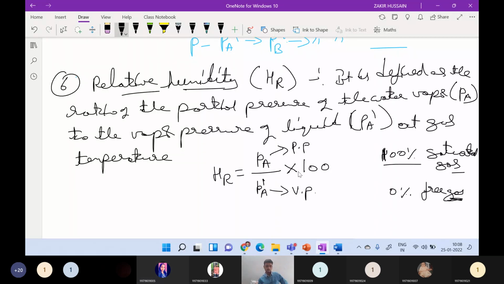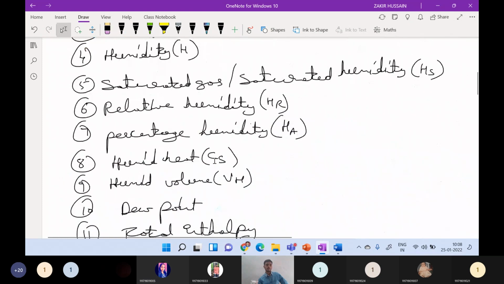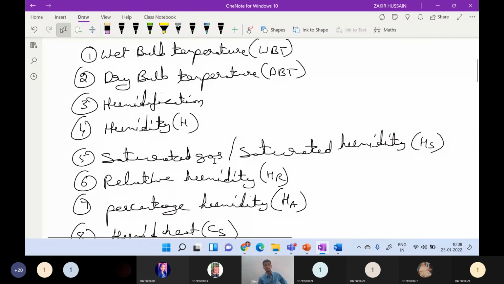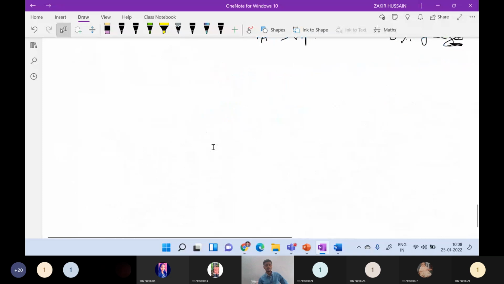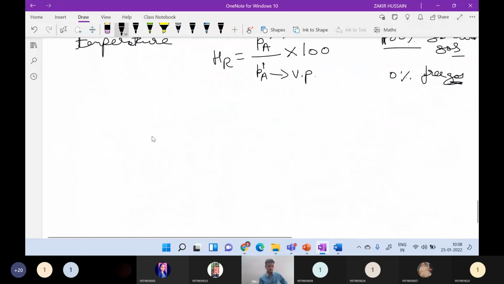Yes, sir. So that is relative humidity. Then the seventh one is percentage humidity. For example, what is the difference between relative humidity and normal humidity? Why do we have to define so many quantities?